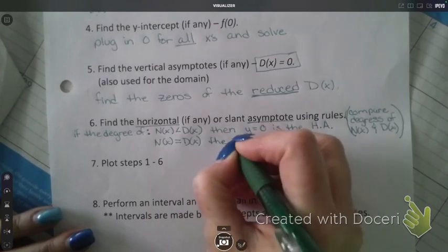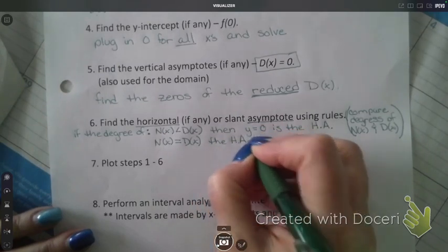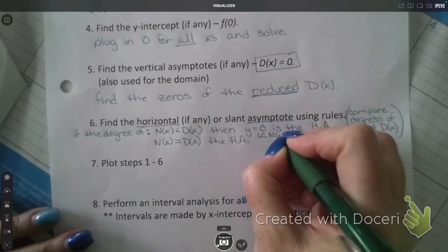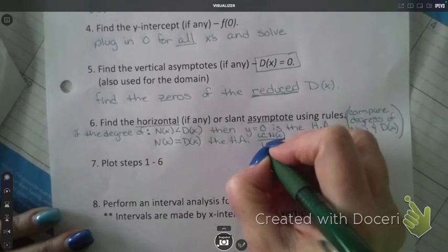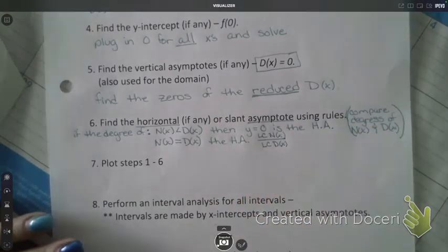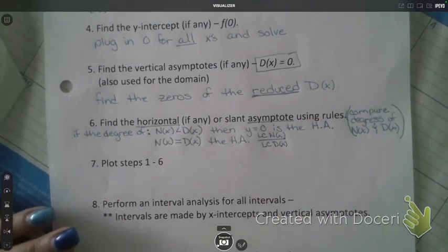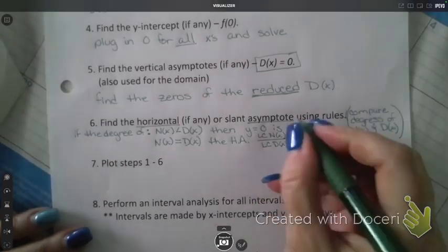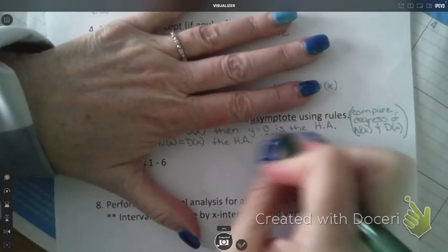Then the horizontal asymptote is the leading coefficient of the numerator divided by the leading coefficient of the denominator. If you need to write leading coefficient rather than LC, then write leading coefficient. I'll give you a second. It should probably be y equals, shouldn't it? Because it's an equation.